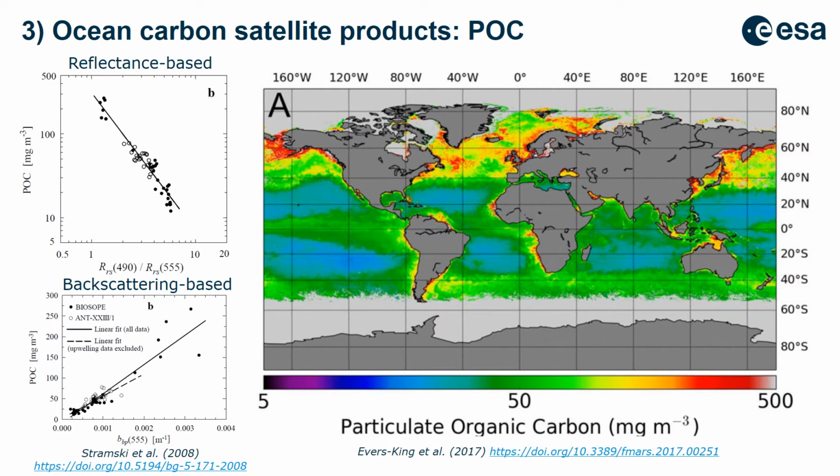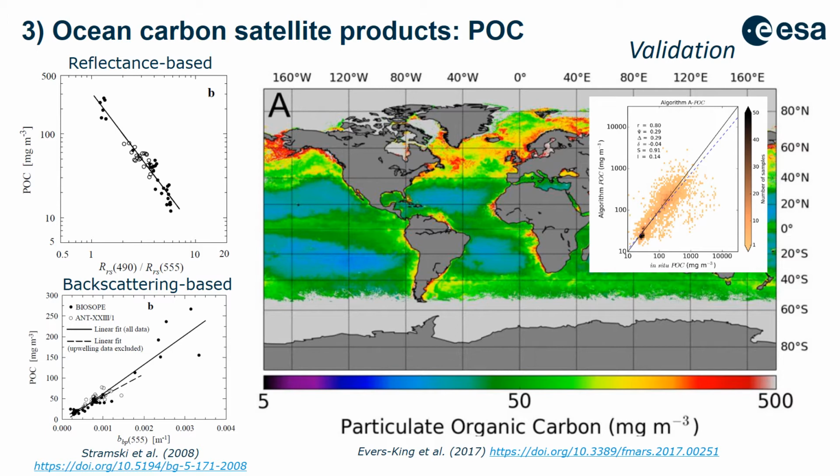Some of them use a band ratio similar to the chlorophyll algorithms we showed you previously. Others use semi-analytical approaches to get the backscattering coefficient and then relate the backscattering to POC. And this is an example of a map of particulate organic carbon in the oceans, from this Haley-Evers-King study in 2017.